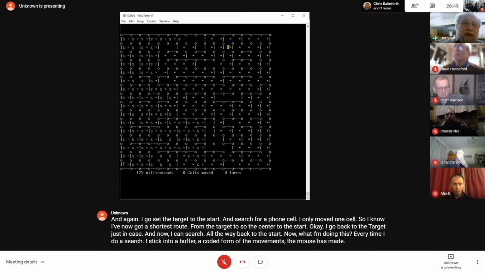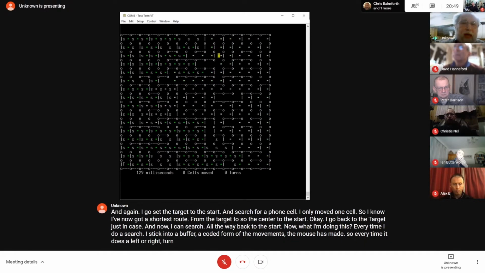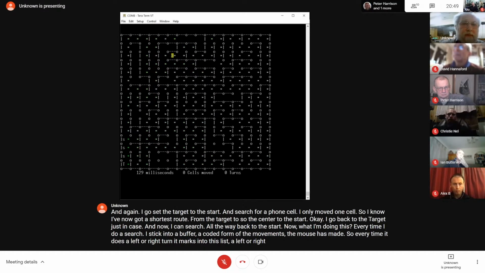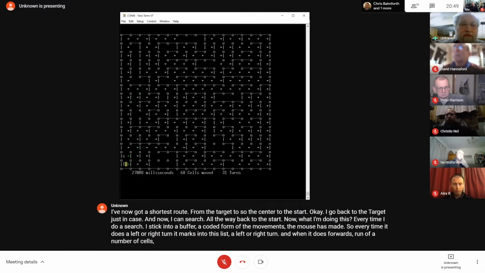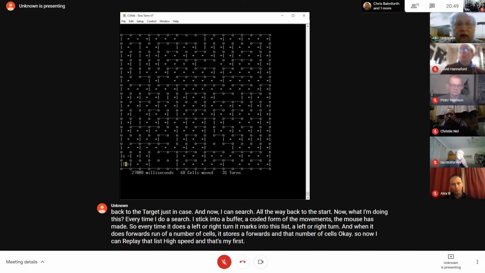So every time it does a left or right turn, it marks into this list a left or right turn. And when it does a forwards run of a number of cells, it stores a forwards and that number of cells. Okay? So now I can replay that list at high speed, and that's my first high speed run.